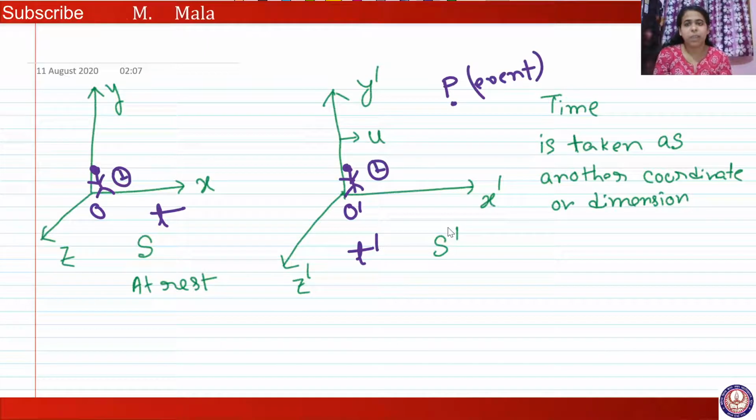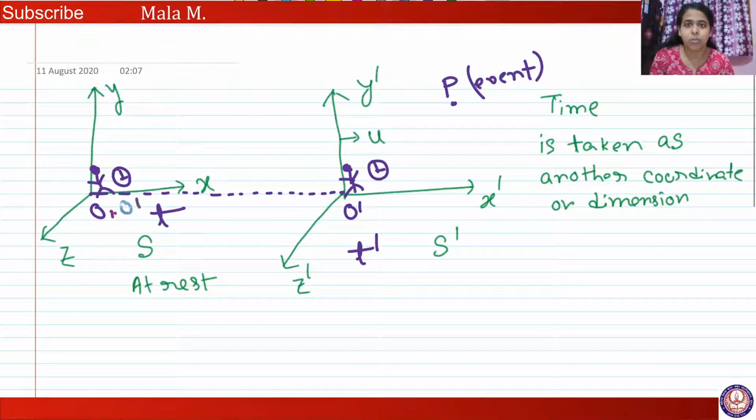Since the S prime frame is moving along the x-axis, at some time these two points, O and O prime, overlap. There is some point when O and O prime overlap. Now, this clock and this clock, the observer just started the clocks when both overlapped.